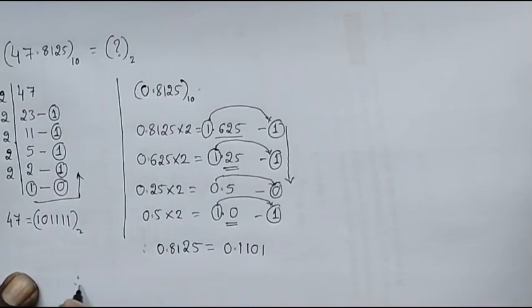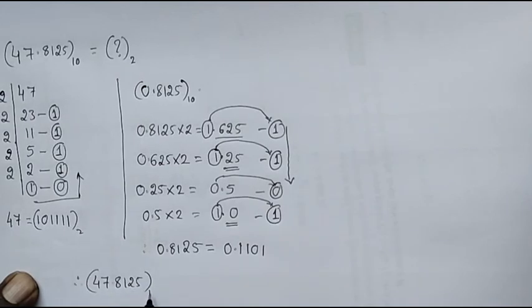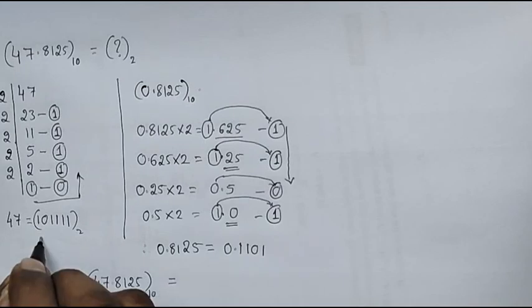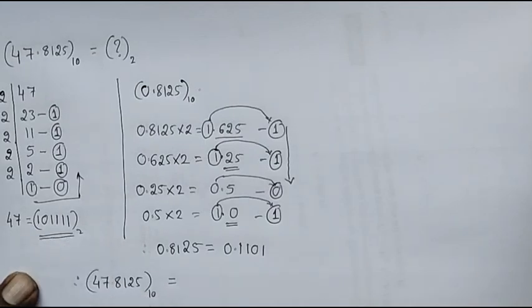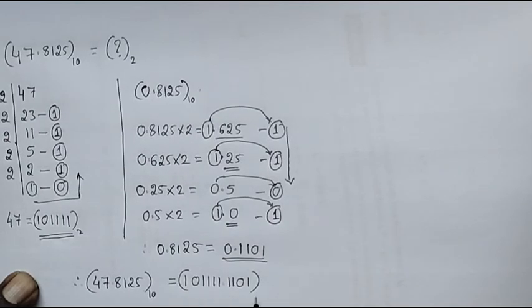Therefore, now the entire number 47.8125, which is in decimal, can be represented as the binary representation of 47, that is 101111, just add this fraction, that is 1101. So this is in binary.